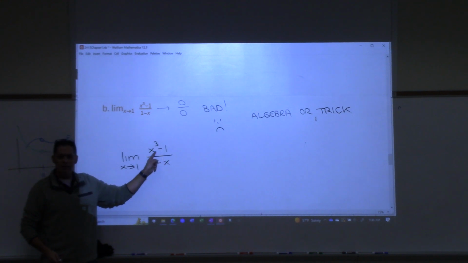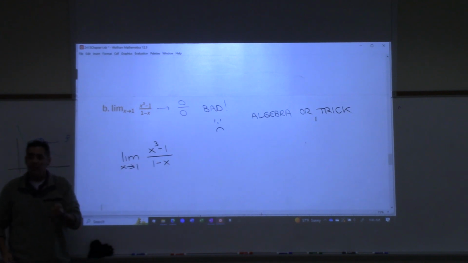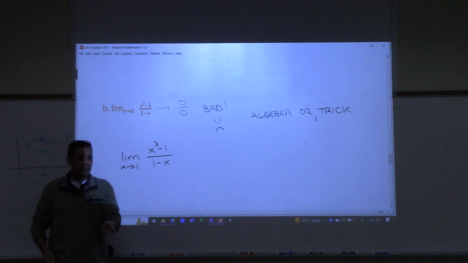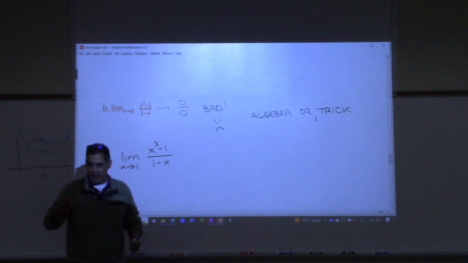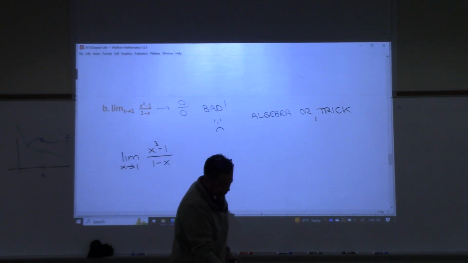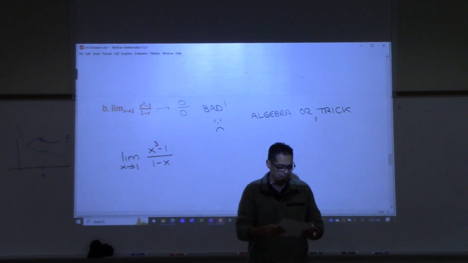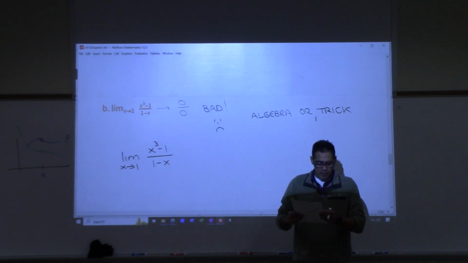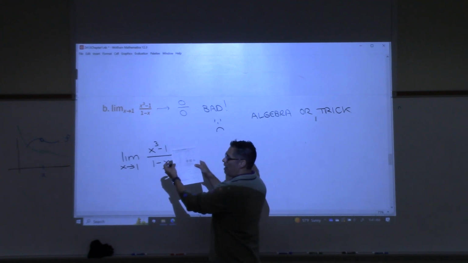Difference of cubes. This is a difference of cubes, right? We learned in algebra difference of squares, difference of cubes, sum of cubes. Those are formulas that we should have seen. They are on your formula sheets as well, the ones that I handed out. I think it's on the first page. Yeah, it's on reference page 1, factoring special polynomials, the third topic down on the left-hand side.